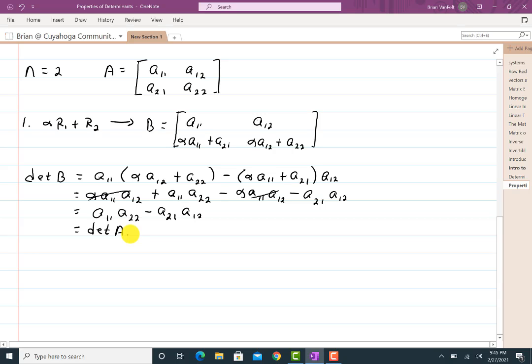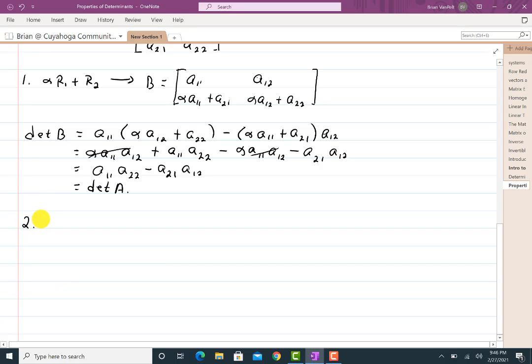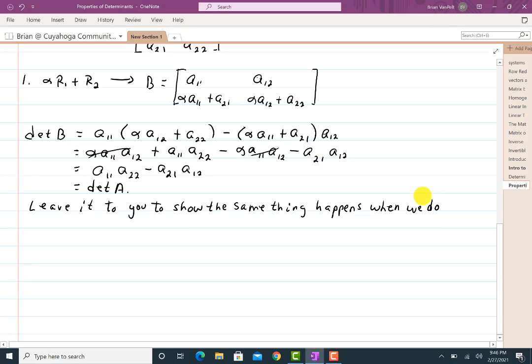So that takes care of the beginning of the induction hypothesis for part 1. Now we'll move on to part 2 where we swap rows. Oh, before I do that though, I'll leave it to you to show the same thing happens when we do alpha R2 plus R1.